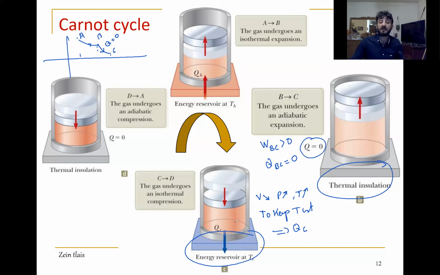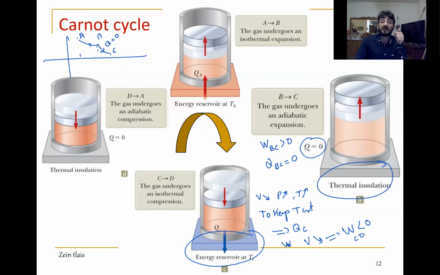By the thermal contact between the cylinder and the reservoir with T cold. In this case, the volume decreases, so omega must be negative between C and D.